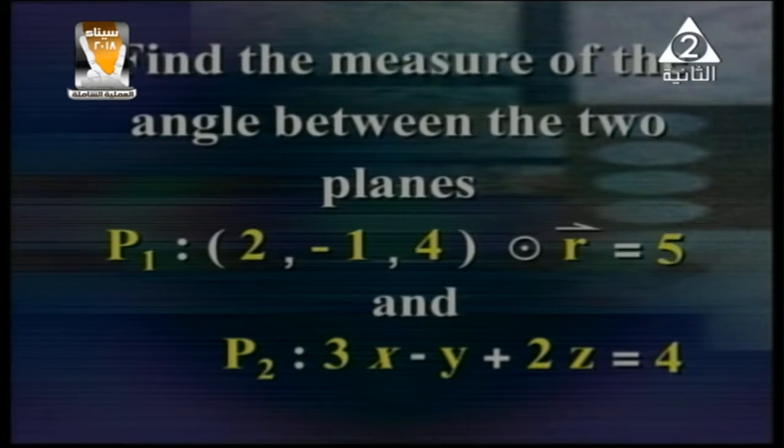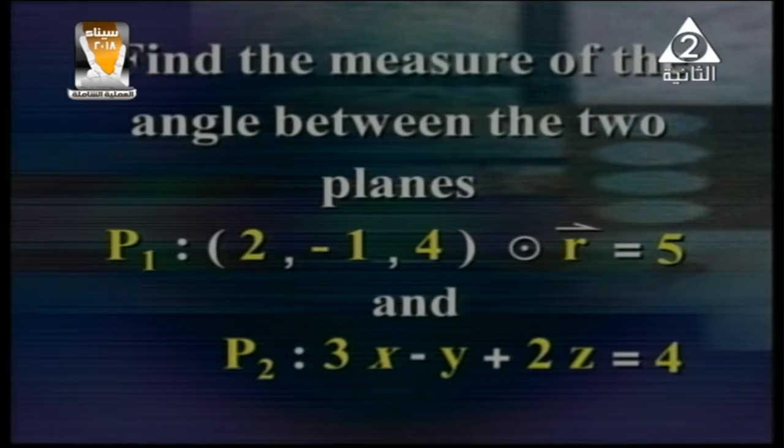The first plane (2, -1, 4) dot r vector equals 5. The second equation is Cartesian, 3x minus y plus 2z equals 4. Remember, dear student, the first equation is called the vector equation, but the second equation is called the Cartesian equation.